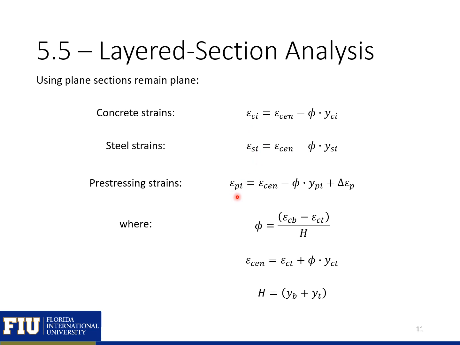The only difference between the pre-stressing layer and other layers is we have our locked-in strain differential, delta epsilon p, that we need to include. We can find the curvature based on our bottom and top fiber strains and the overall height of the section, and the centroidal strain based on the strain at the top, the curvature, and the distance between the centroidal axis and the top of the section.